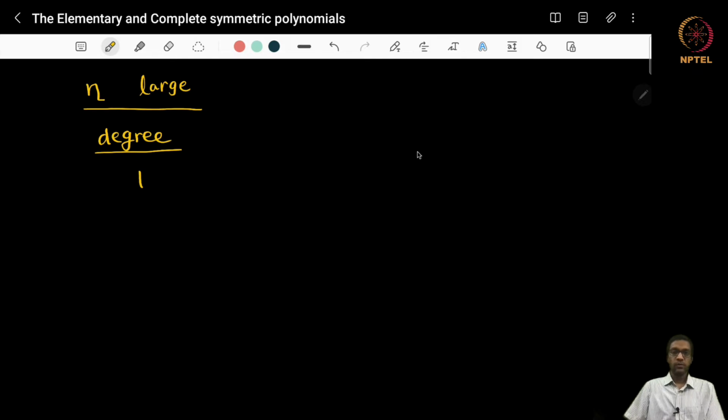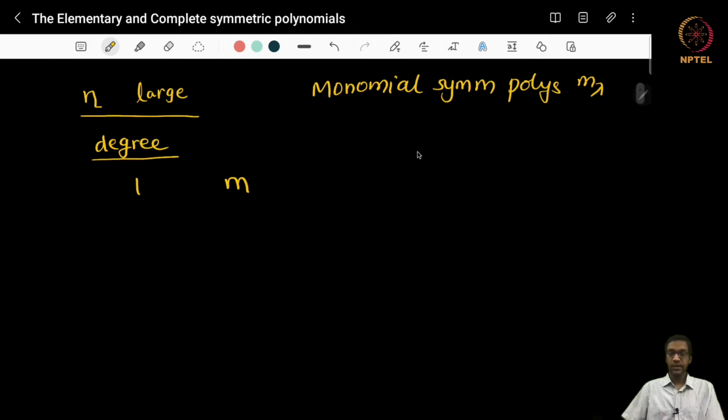So what are the monomial symmetric functions of degree 1? So I'm going to try and list a few monomial symmetric polynomials. Okay, so this is now going to be the monomial symmetric polynomial m indexed by lambda. And what should lambda be? Lambda should be, well, it's a weakly decreasing n-tuple. Okay, n is some large number, I don't care.